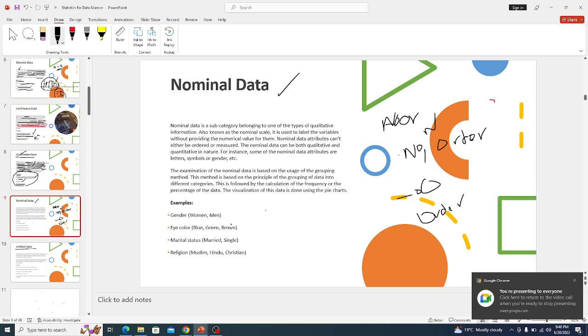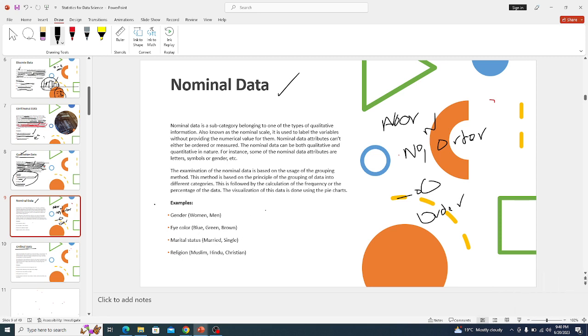So let's see what the notes tell us. Nominal data is a subcategory belonging to types of data that is qualitative, also known as nominal scale. It is used to label variables without providing what?